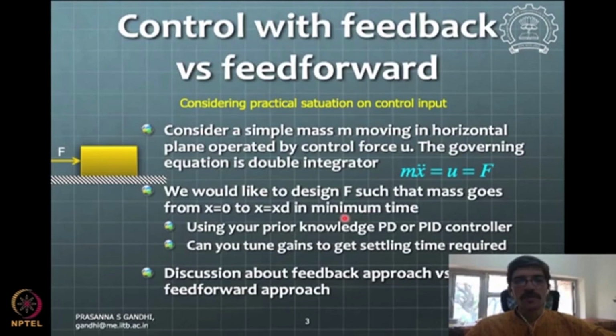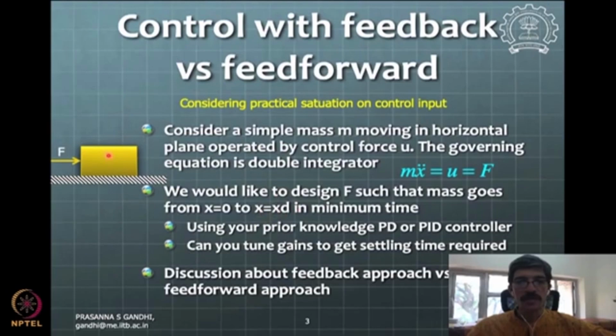If we want to do that, now that we know how to plan trajectory, we can plan a trajectory for that amount of time for this mass going from here to the desired position, say a trapezoidal trajectory or a sinusoidal trajectory. You have a choice there, and then you get x desired.